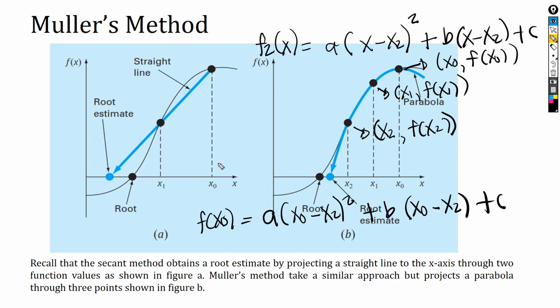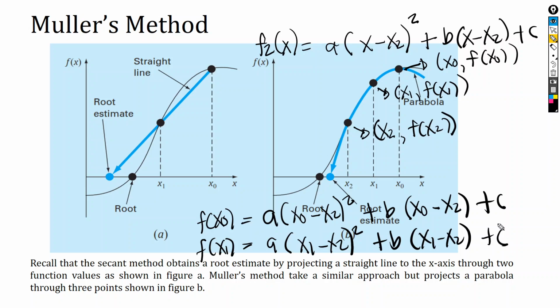Next, for the function of x1, we have a times (x1 minus x2) squared plus b times (x1 minus x2), then plus c. Then lastly, for the function of x2, we have a times (x2 minus x2) squared plus b times (x2 minus x2) plus c.